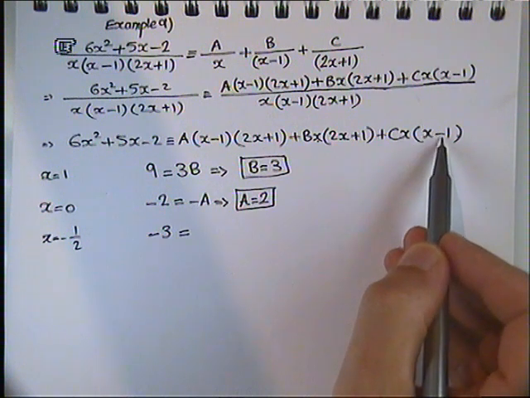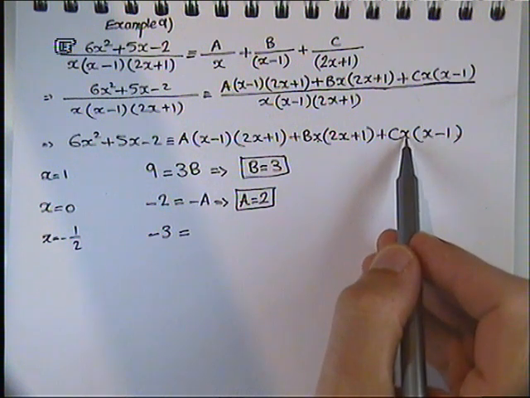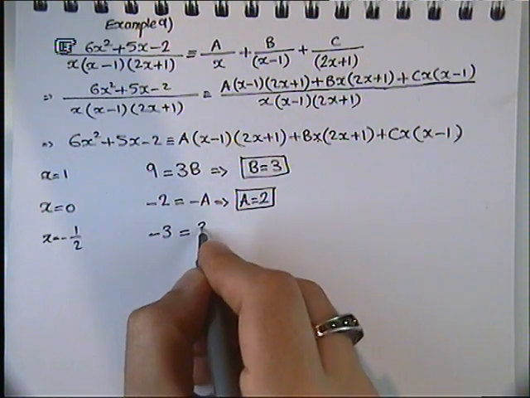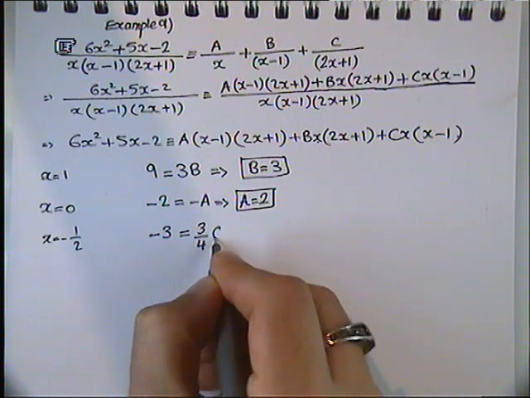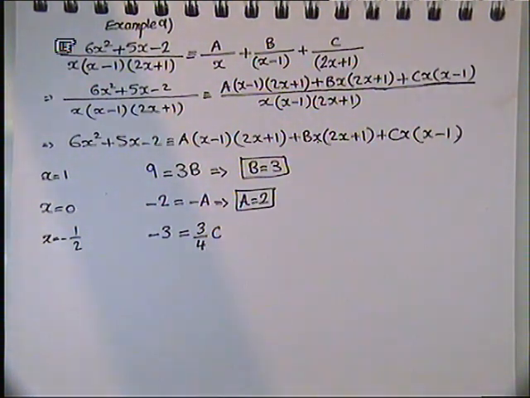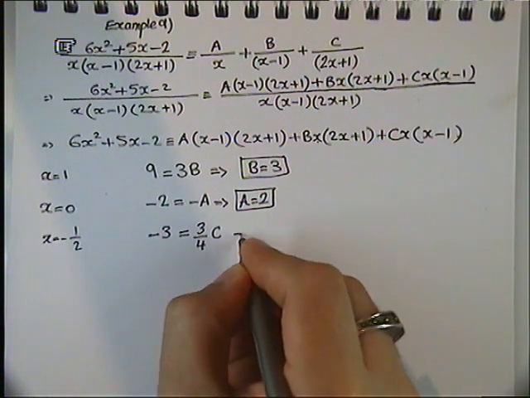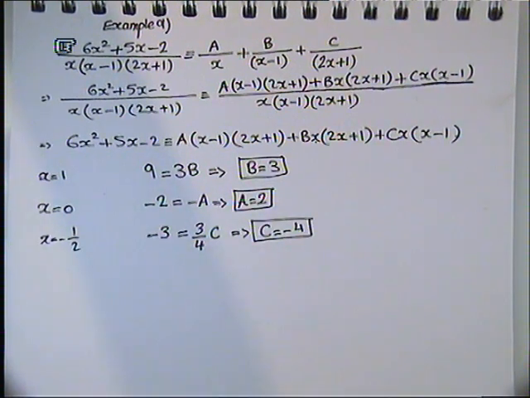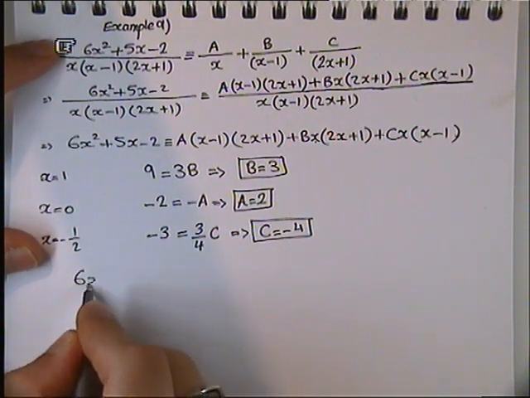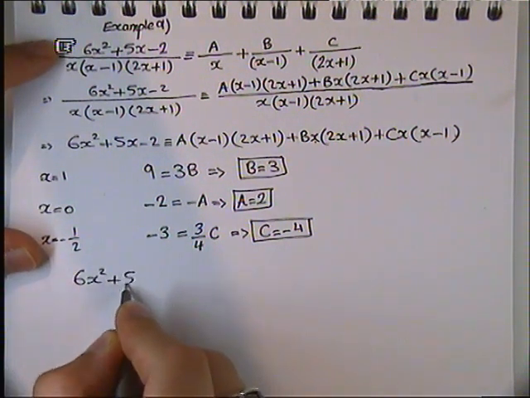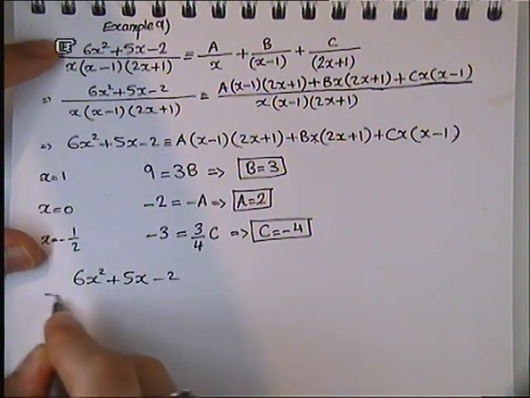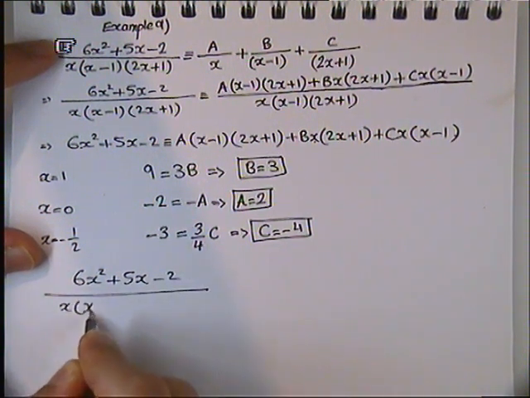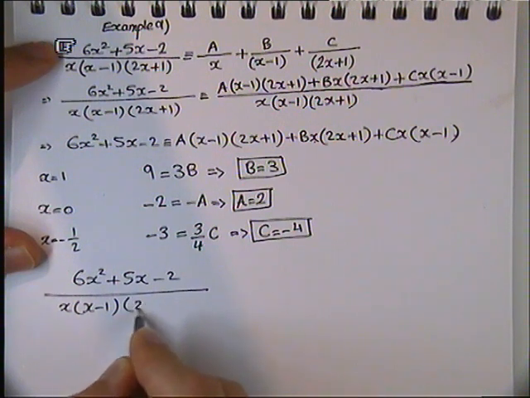Half minus 1 is minus half, minus a half times half is minus a quarter, and it becomes 3 quarters. Divide both sides by 3 and multiply by 4, you get c equals minus 4.